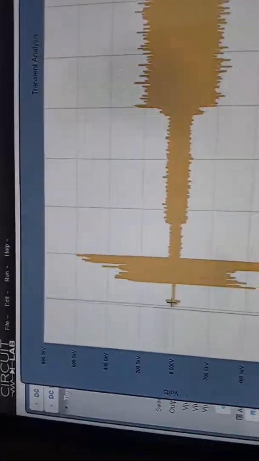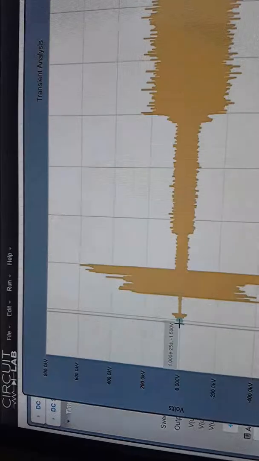A 1-volt input, 1.5 way over here, turns into kilovolts, 10.19, and then magnifies itself, turns into more kilovolts, 85, and we're going to assume that that's going to continue onward.